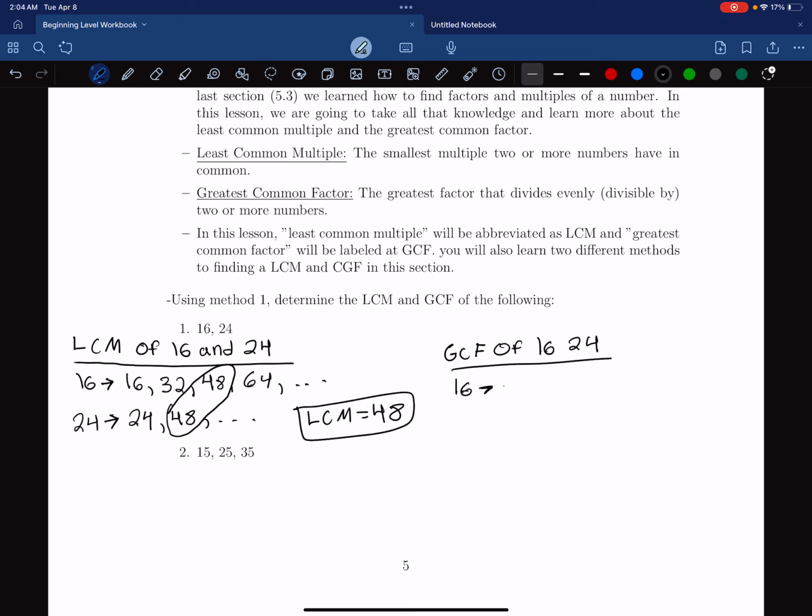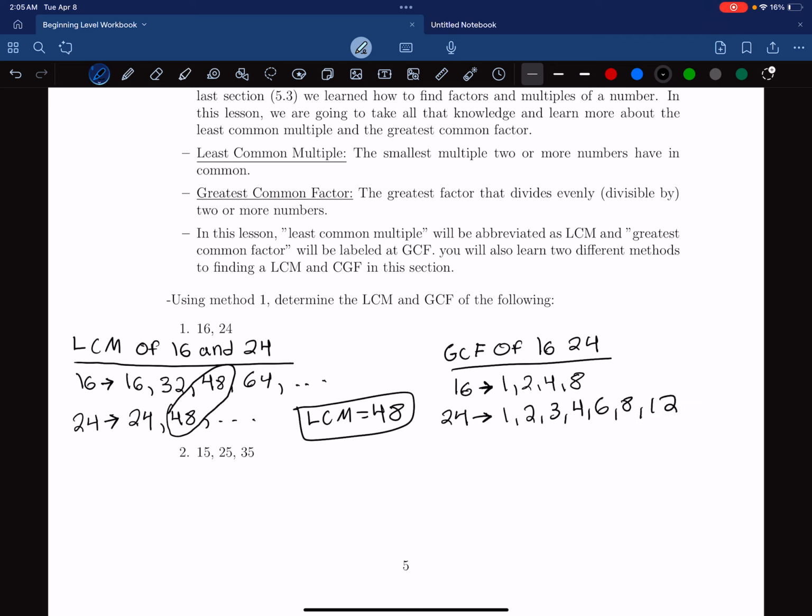So the factors of 16 are 1, 2, 4, and 8. And then the factors of 24 are as follows. 1, 2, 3, 4, 6, 8, and 12.